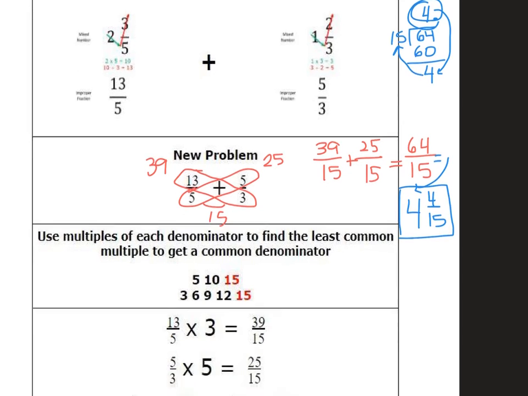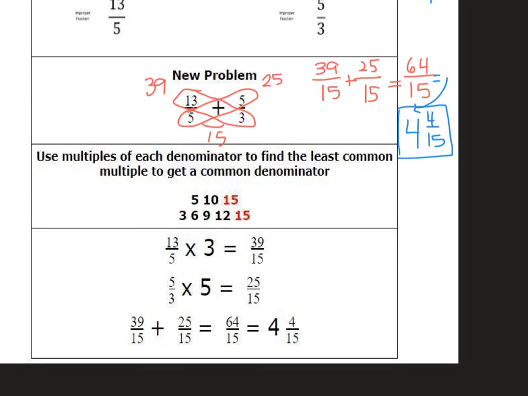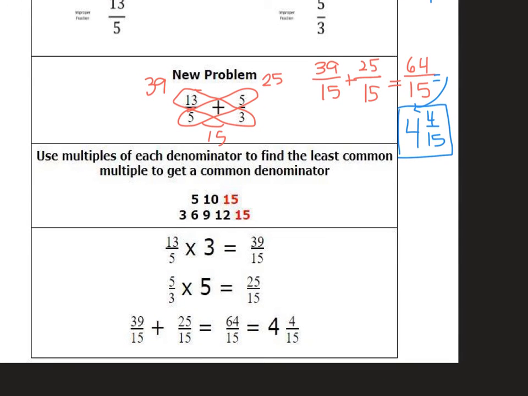But then you also had using the multiples to get the mixed number final answer 4 and 4/15. So what you would do, you list out the multiples of the first denominator of 5, so 5, 10, 15, so on. Okay, then you might write out the multiples of the next number 3, so 3, 6, 9, 12, and then we'd stop at 15 because they both share the 15 in common.